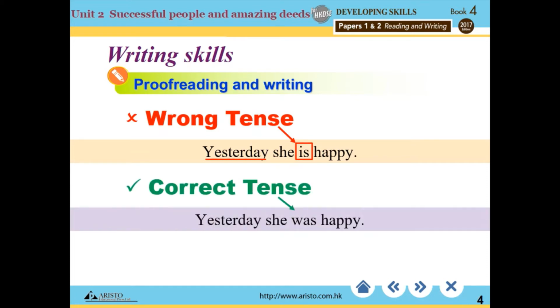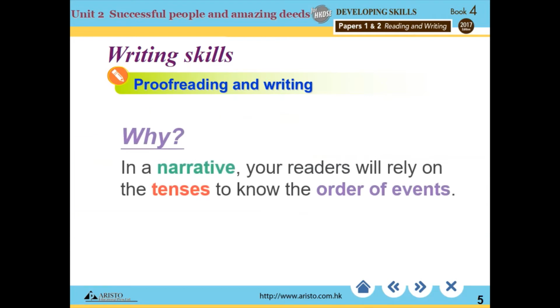One correct way to change this sentence out is yesterday she was happy. You want to make sure the tenses are correct in your writing so that your readers will understand the order of events, especially in a narrative.